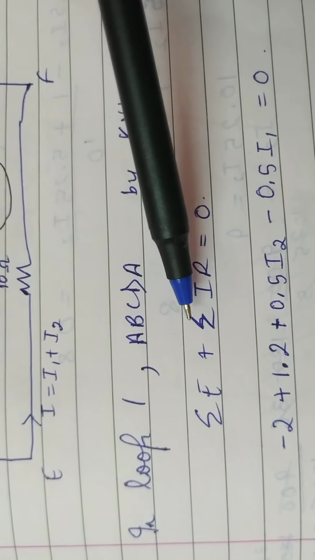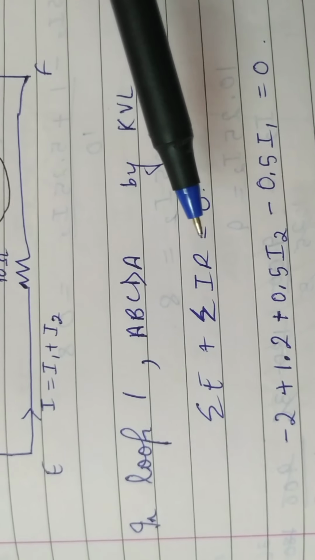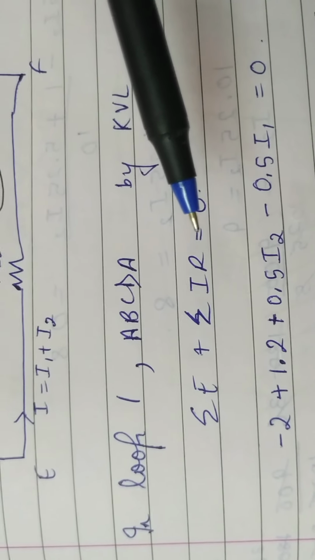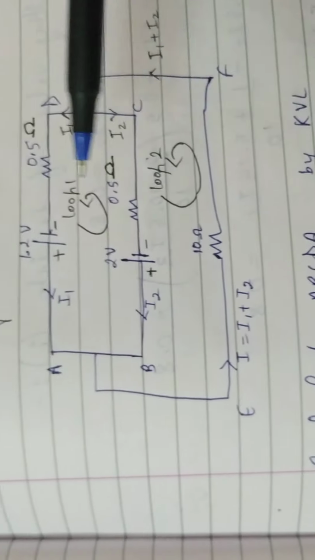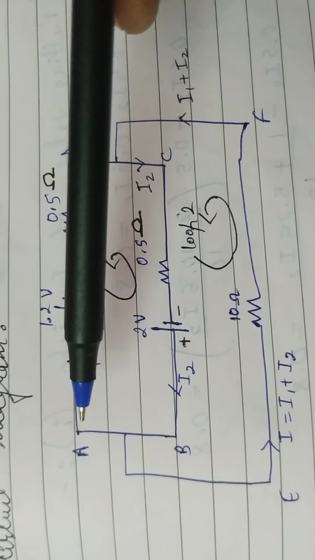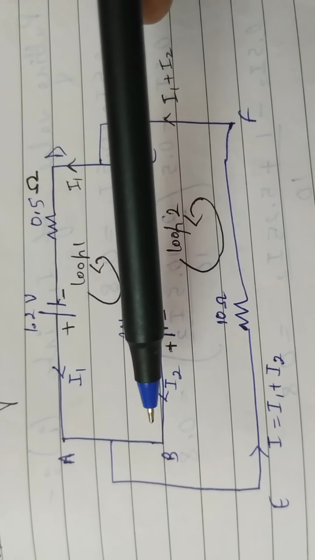Now we have to find the value of sigma IR, that is the potential drop across the various resistances in loop number 1. Between A and B there is no resistance, so no potential drop.